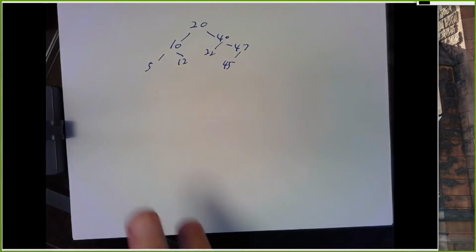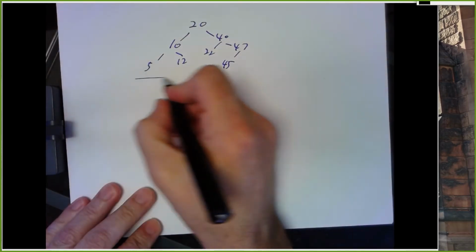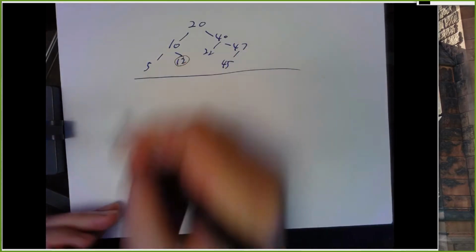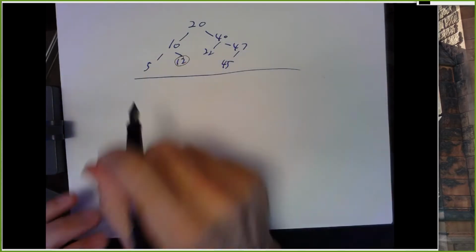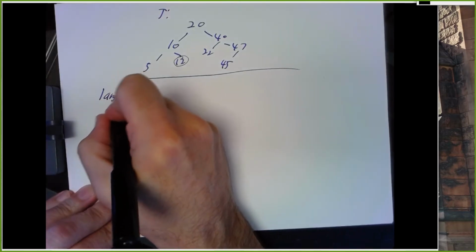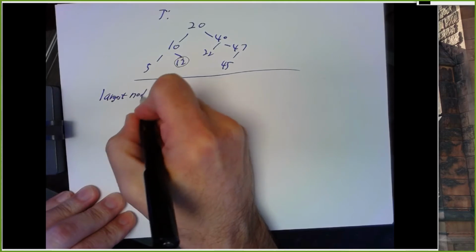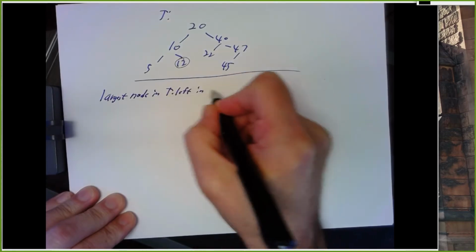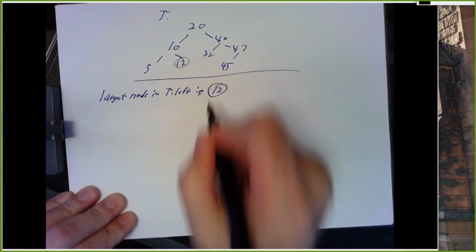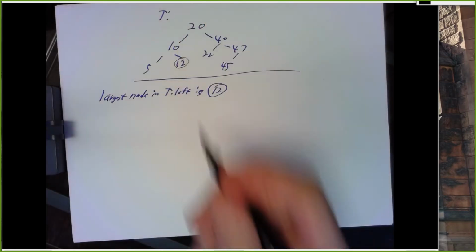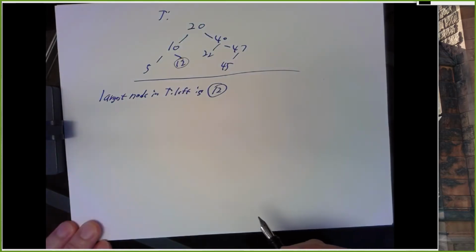Alright, here's our original tree. The largest node in the left subtree is 12. So this is T. Everything to the left of the root is smaller than the root.